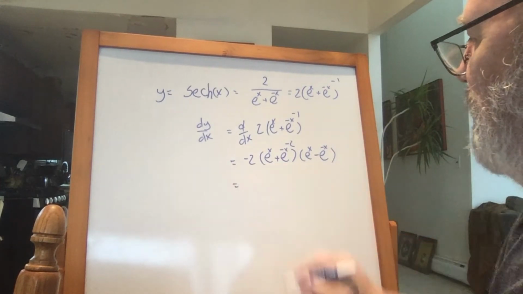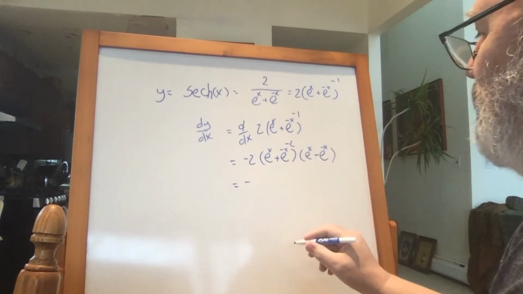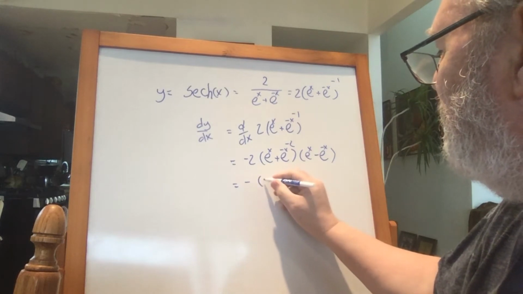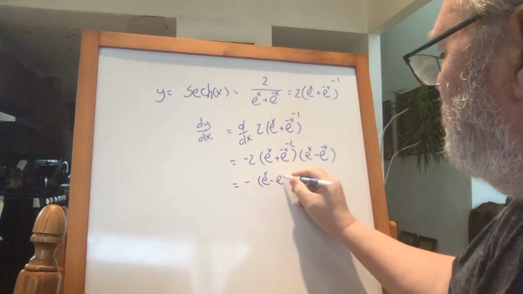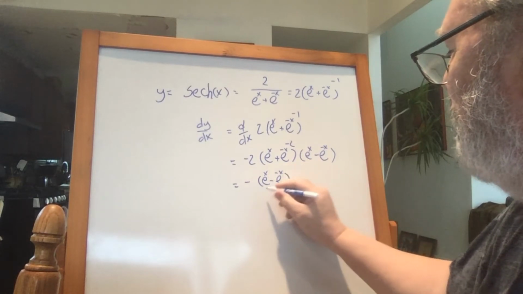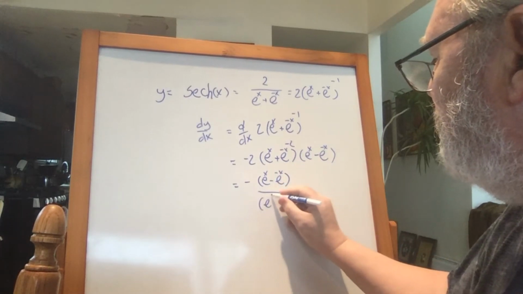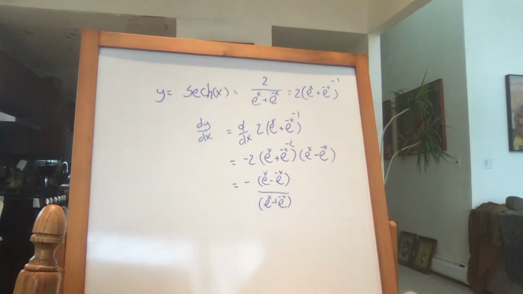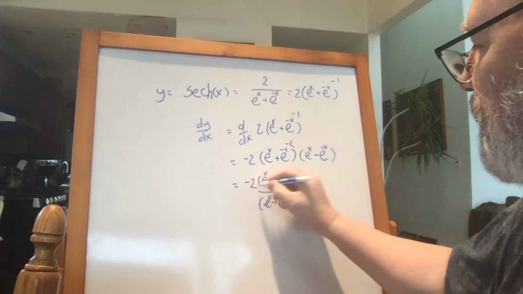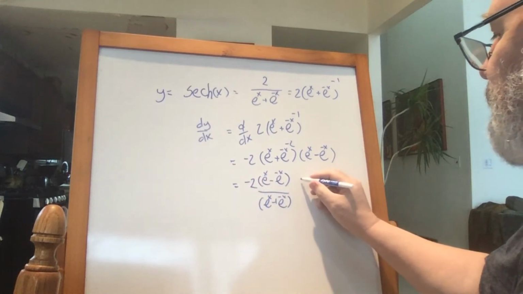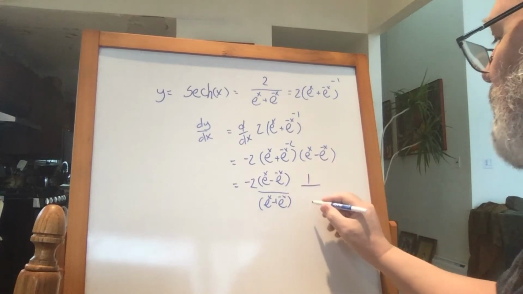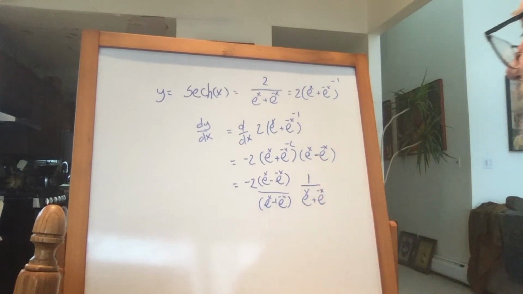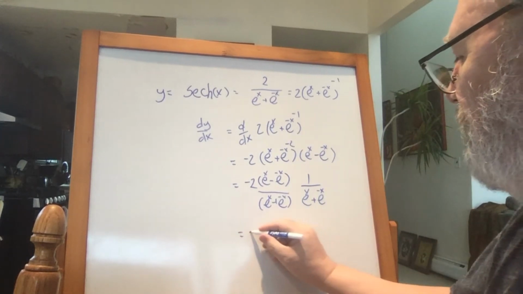And then that's equal to minus e to the x minus e to the minus x on e to the x plus e to the minus x, and this is 2 times 1 on e to the x plus e to the minus x. And this is equal to minus 2.